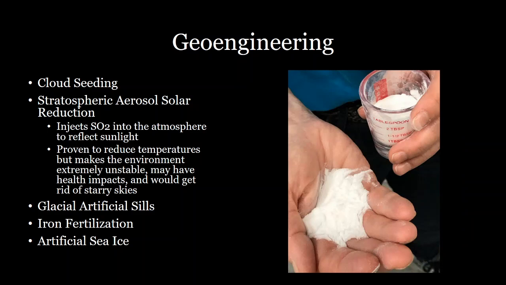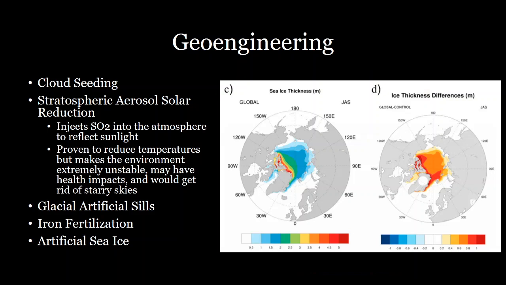Additionally, you can spray a bunch of white sand on top of the sea ice. That white sand is a brighter color than the sea ice itself, and that can help build up the sea ice in winter and help reduce the amount of melting that goes on in the summertime.